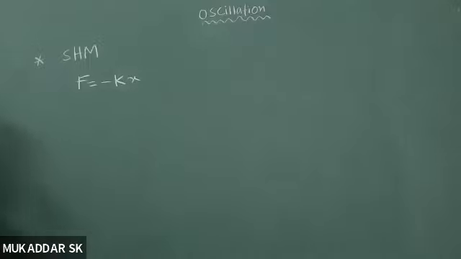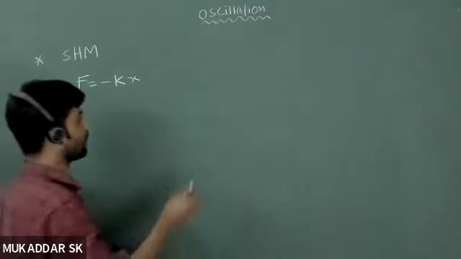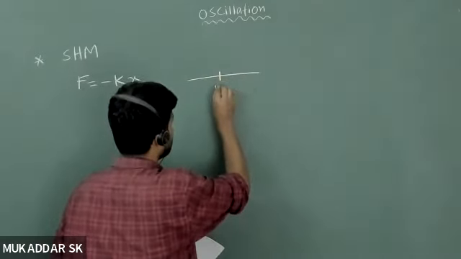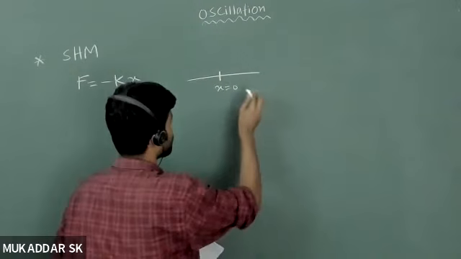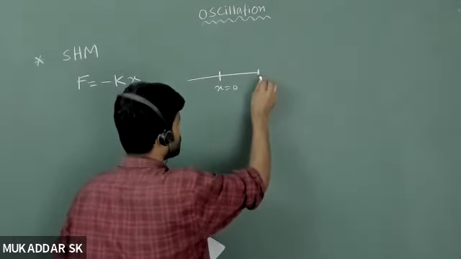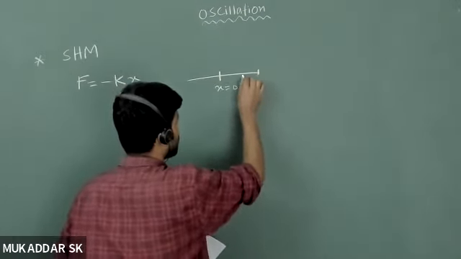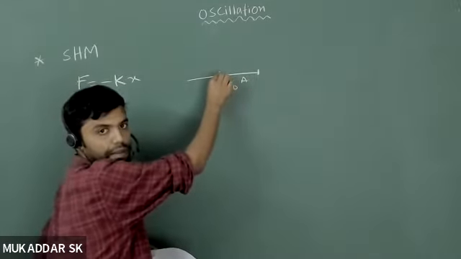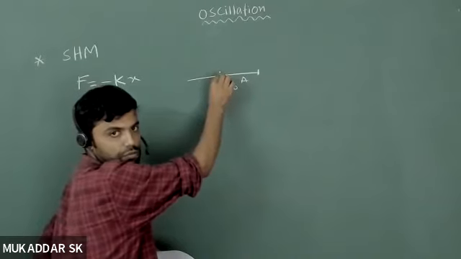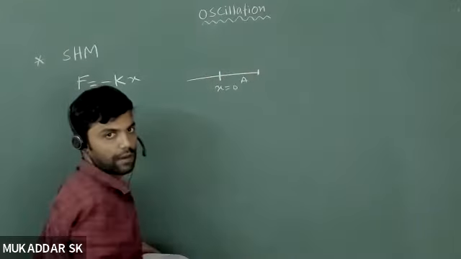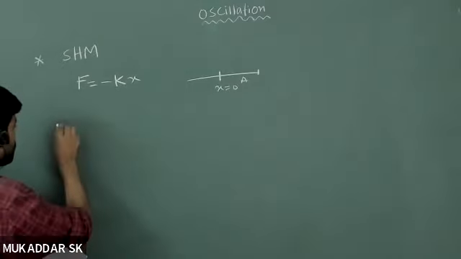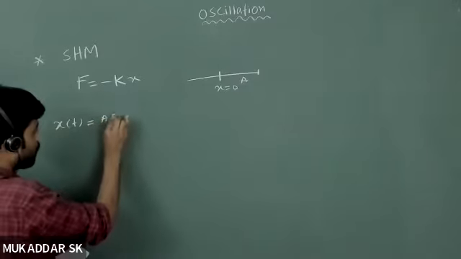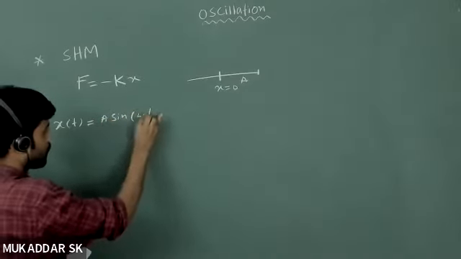And we have also observed, suppose this is the equilibrium position, x equals 0, and let us assume this is the extreme position, and this amplitude is capital A. When the particle is displaced from x equals 0 towards the positive side, the displacement equation was x(t) equals a sine of omega t.